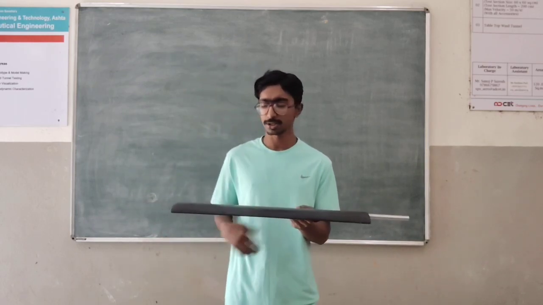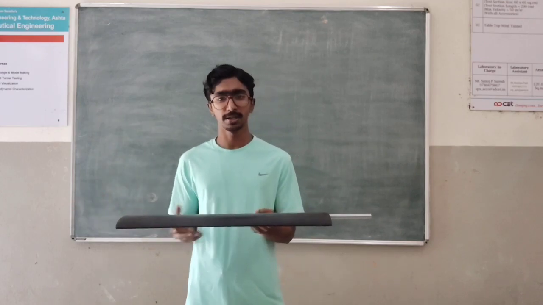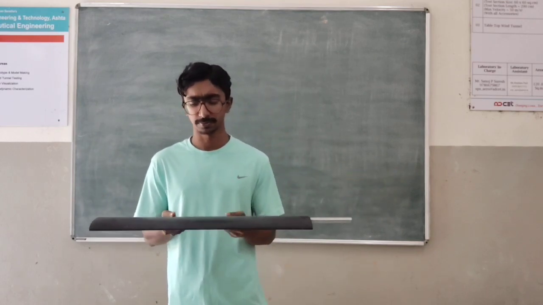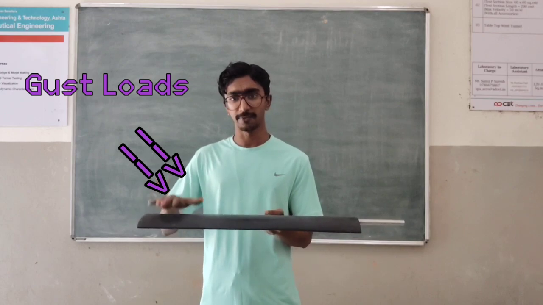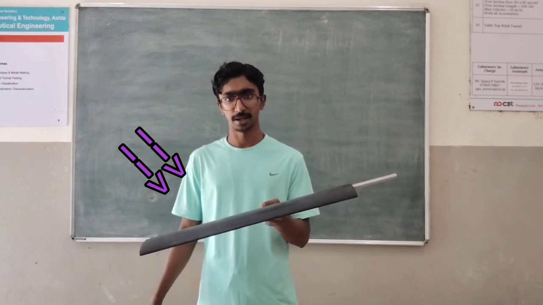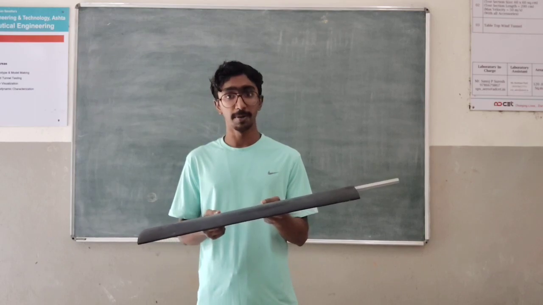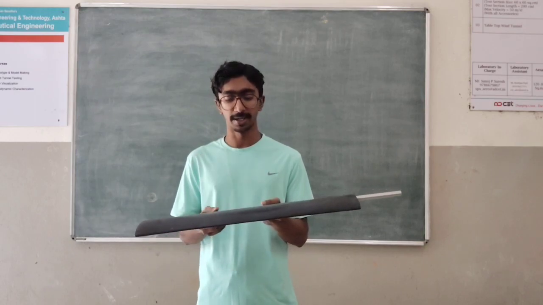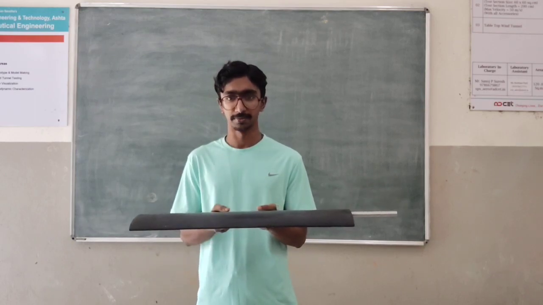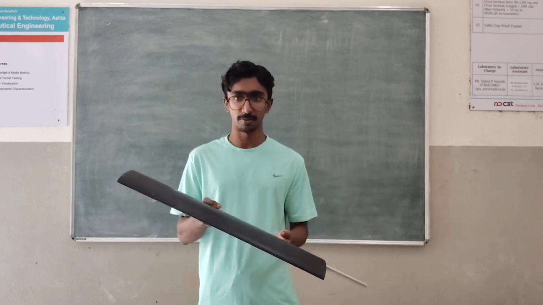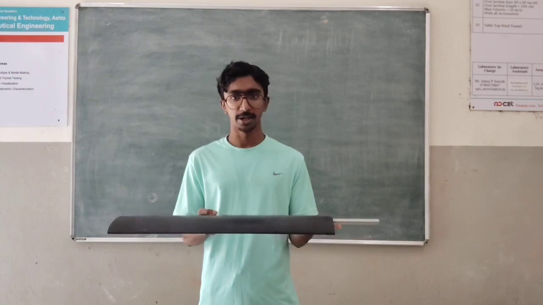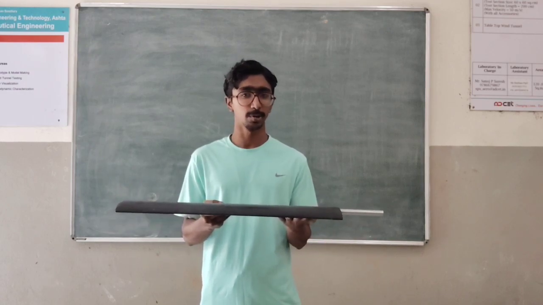Consider I am the fuselage, and this is the right side of the wing, this is the left side of the wing. Now, due to some gust load, this aircraft moves like this. So, the ability of the aircraft to maintain its original position. Suppose the gust wind acts in this direction, it will move like this, but it will move back to its original position.